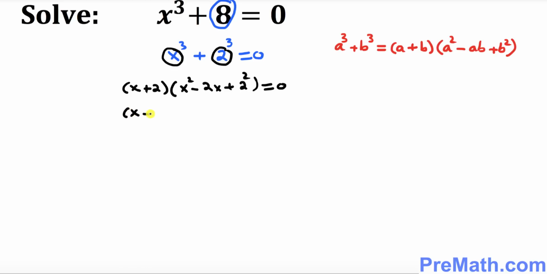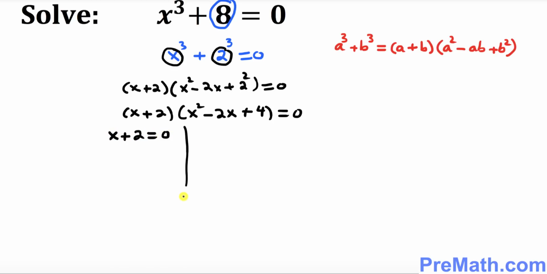So x plus 2 times x squared minus 2x plus 4 equal to 0. Now we're going to split these two factors up and set them equal to 0. So x plus 2 equal to 0. The other one is going to be x squared minus 2x plus 4 equal to 0. So this is going to give you x equal to negative 2, which is one of our solutions.